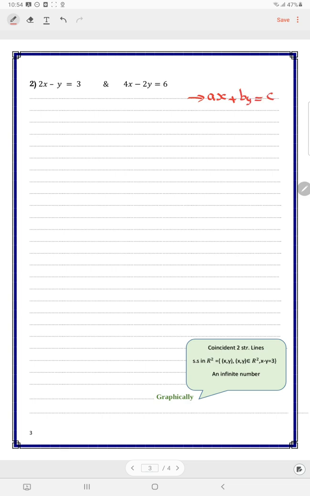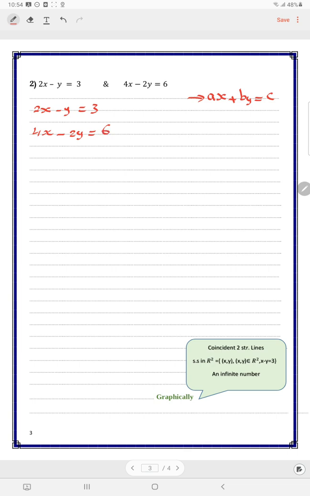So I will write 2x minus y equals 3, and the other one 4x minus 2y equals 6.